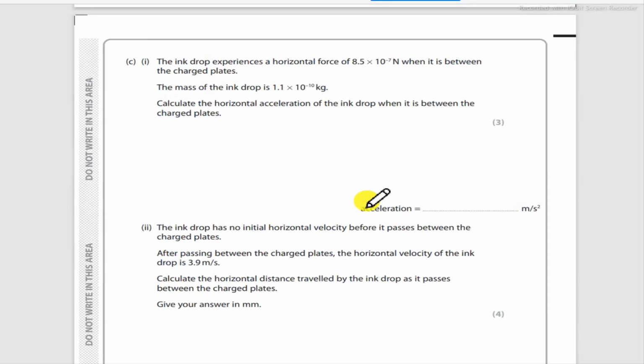Question number C 1. The ink drop experiences a horizontal force 8.5 10 to the power minus 7 Newton when it is between the charge plate. The mass of ink drop is 1.1 10 to the power minus 10 kg. Calculate the horizontal acceleration of the ink drop when it is between the charge plate. We know force F equal to mass into acceleration. So a equal to force divided by mass.